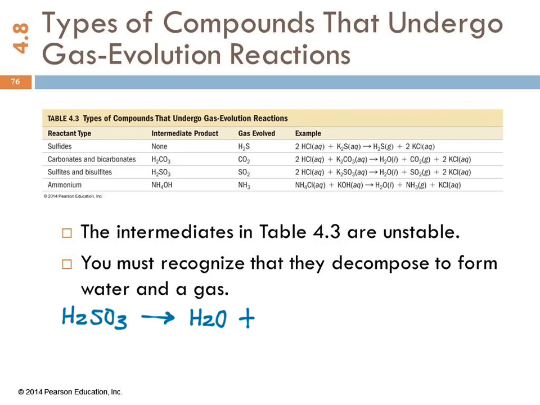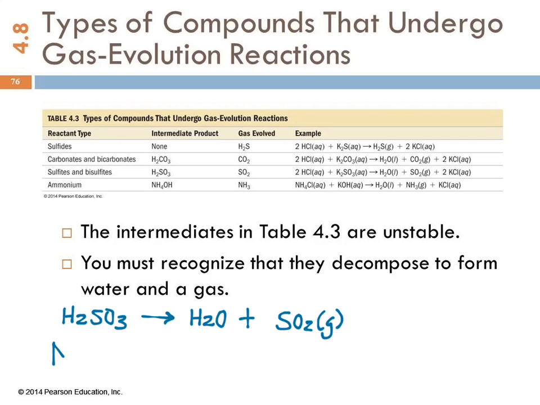The rest of that, you can figure it out by looking at this. All of these decompose by losing a water molecule, so if I get rid of the H2 and I get rid of one of the O's, I am left with SO2. And that is the gas that's given off. That's sulfur dioxide, and that also doesn't have a good smell. A lot of sulfur compounds smell bad.